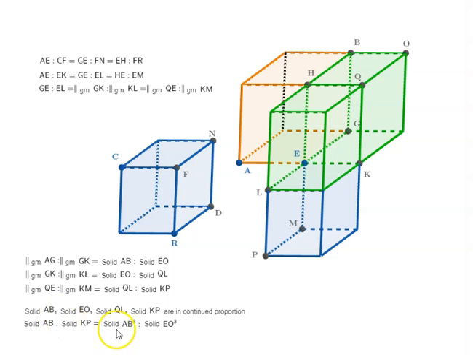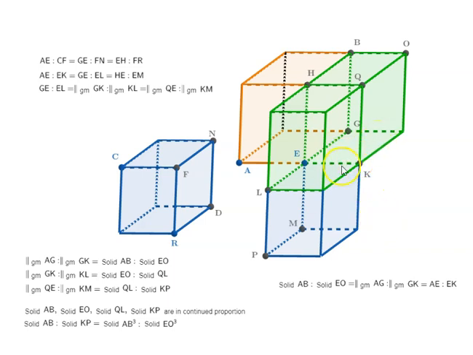So solid AB cube is to solid EO cube. Okay. Now solid AB is to solid EO is equal to parallelogram AG is to parallelogram GK, because those solids are on these two parallelograms.